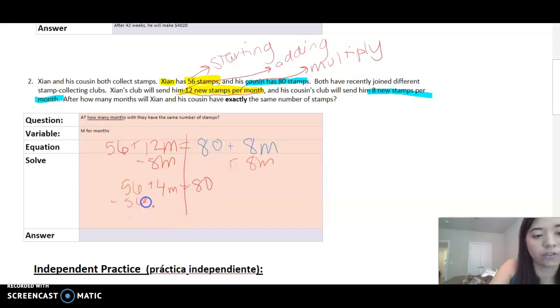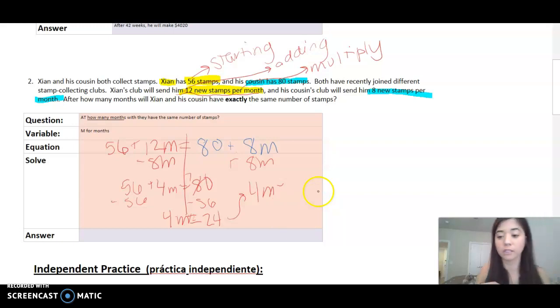I'm going to subtract 56 from both sides. I get 4m equals 24. So that means divide by 4, and m equals 6.